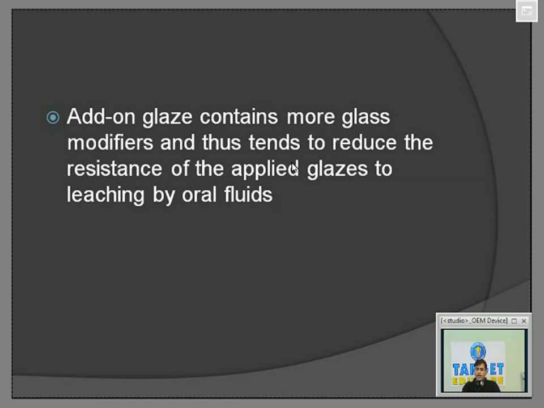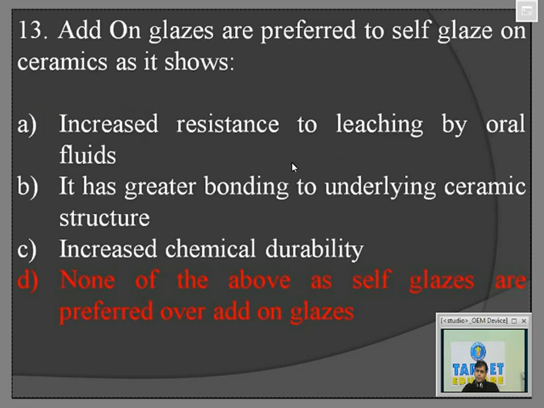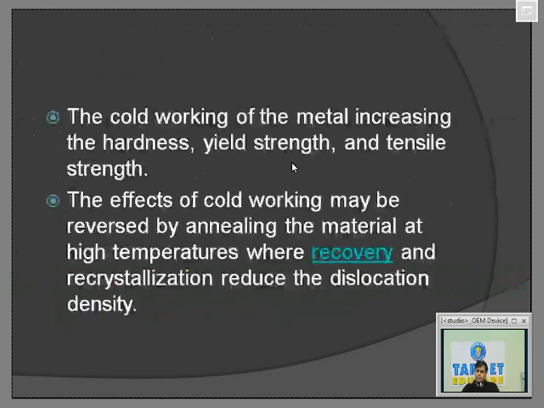Okay, someone has asked about annealing. So annealing is a heat treatment given to alloys to reverse the effects of cold working. The effects of cold working may be reversed by annealing heat treatment.